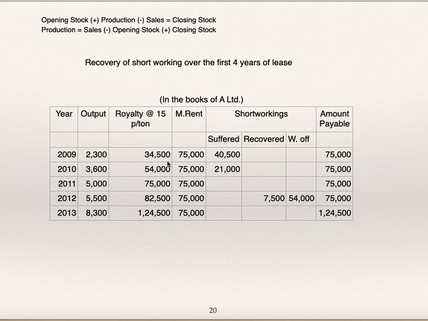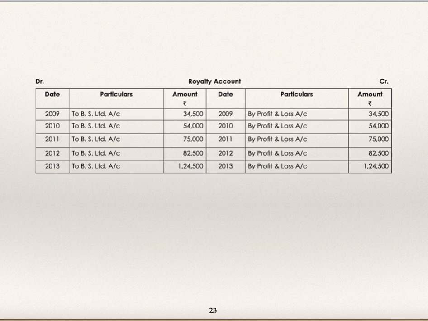Now if you prepare a royalty account, every year the royalty account gets closed to profit and loss account. If you prepare the landlord account, you have to be very careful. The landlord account also gets closed every year.